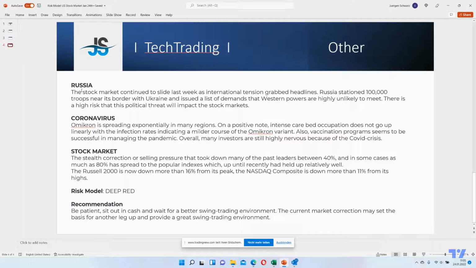Then for about 2 years now we're discussing coronavirus. It's going up and down. It's impacting market sentiments. So we're having positive and concerning news. The concerning element would be that the Omicron variant is still spreading exponentially in many regions on a global basis.